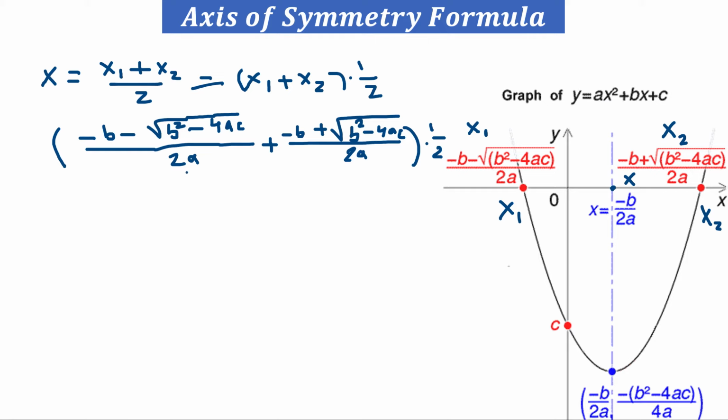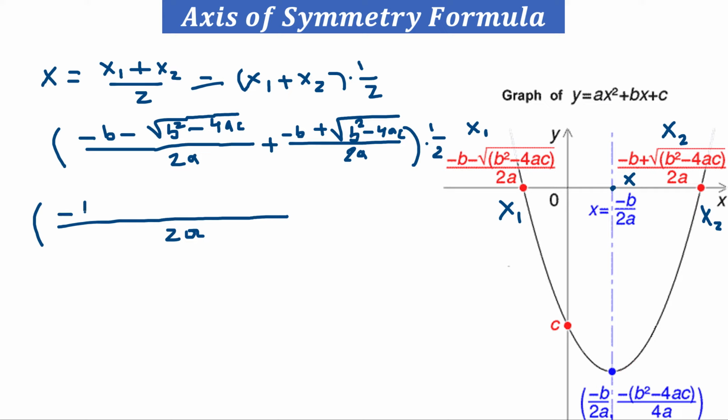And we already see the LCD for both of these fractions is 2a. Because those are like fractions, we can add the numerators.